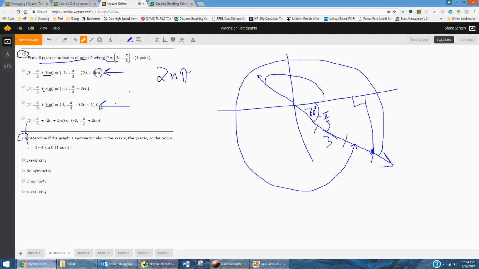It's one of these two, but we need a negative 3. We've got to go backwards. So this is our answer. And hopefully you can just pick that out on the test without doing all of this. For the negative opposite, we're looking for the 2n plus 1. You might have to guess.